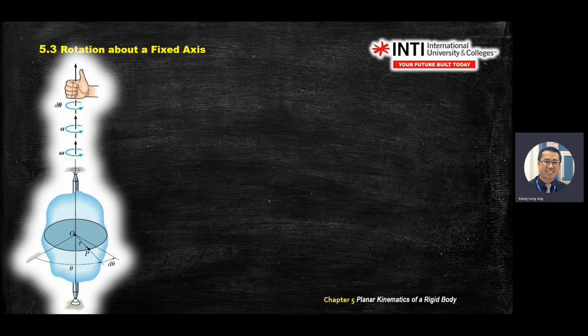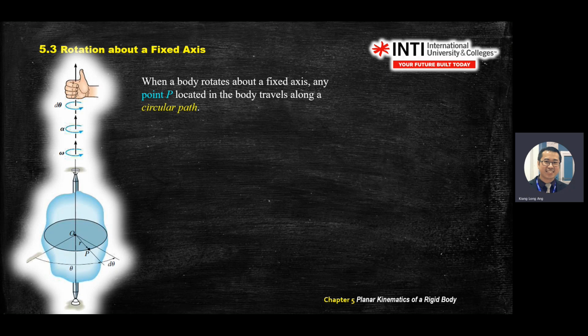Then you have a position R, you have P, O, and if there's a change of angle, we use theta. Okay, I introduce you a new term in rigid body. We start to see the word angular.